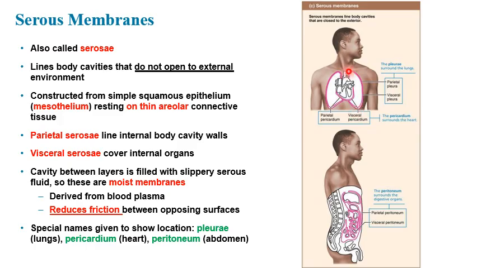The part that is in contact with the outside, you call that parietal serosa. The visceral one is actually covering the whole organ. You cannot just peel it off. It's part of the organ. The one on the other side, you call parietal. In between these two membranes, you have a little bit of fluid.